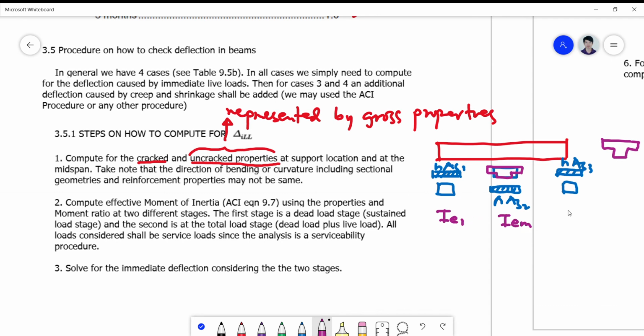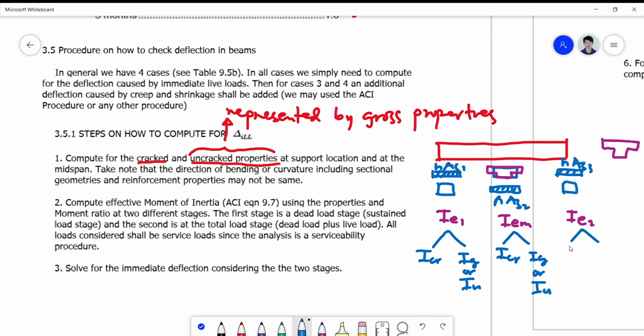IEM, and IE2. And for IE1, you have to compute for 2, which is the I crack and the IG, okay, or the I uncrack if you want. Okay, here you also have 2, the ICR and the IG or I uncrack.